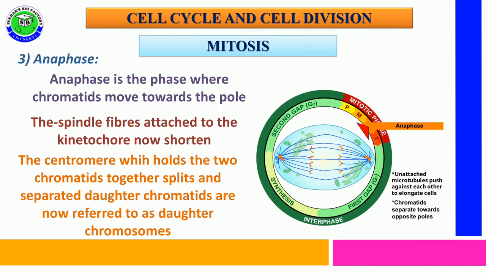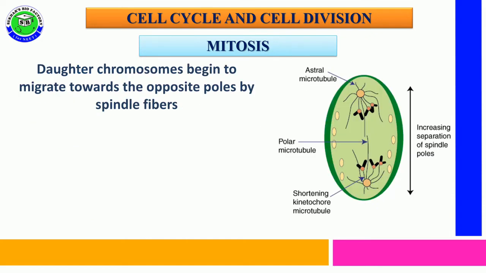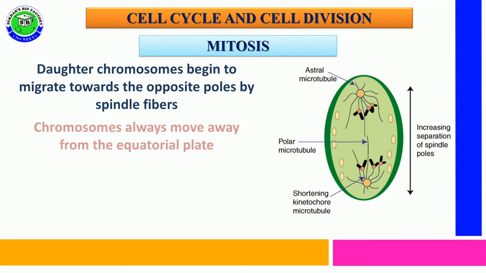Due to this pressure the centromere splits into two centromeres, and the two chromatids are separated into daughter chromatids, which are referred to as daughter chromosomes. These daughter chromosomes start their migration towards opposite poles with the help of the spindle fibers, which is seen in anaphase itself.